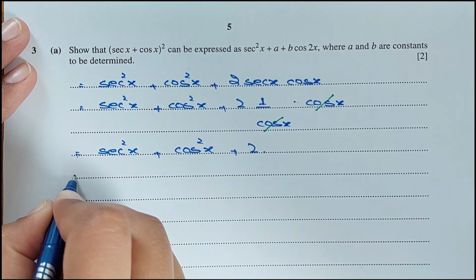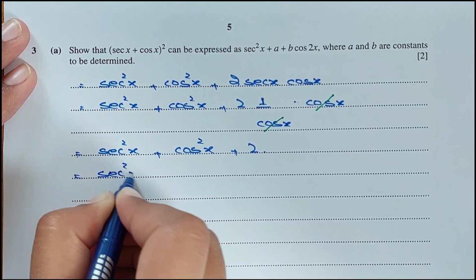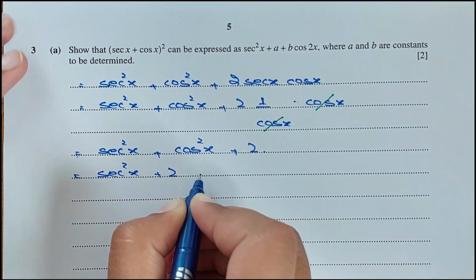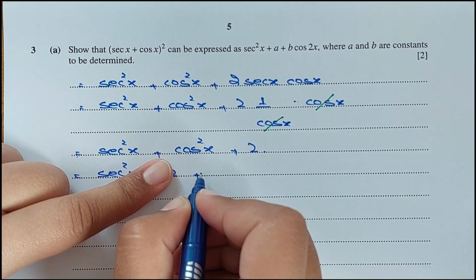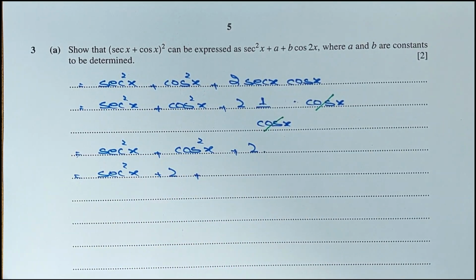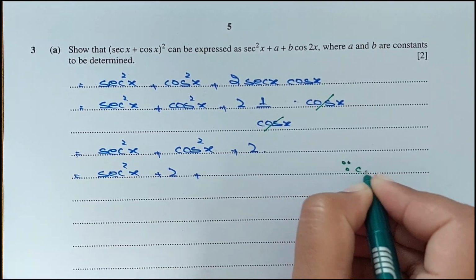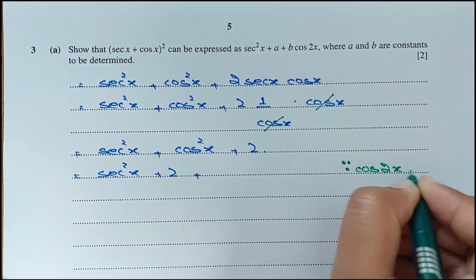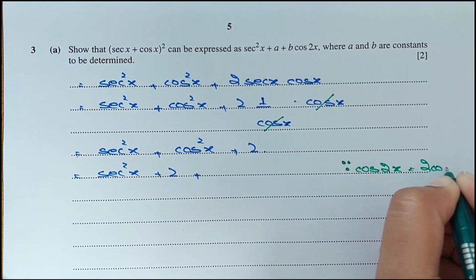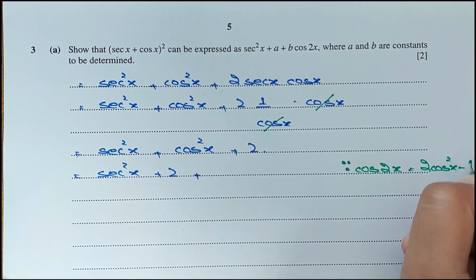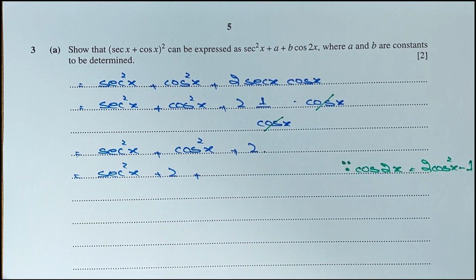Okay, so if I can say this is secant square x plus 2, so we can make cos 2x. We have an identity for cos 2x, which is 2 cos square x minus 1. In terms of cos square, we have only cos square x.